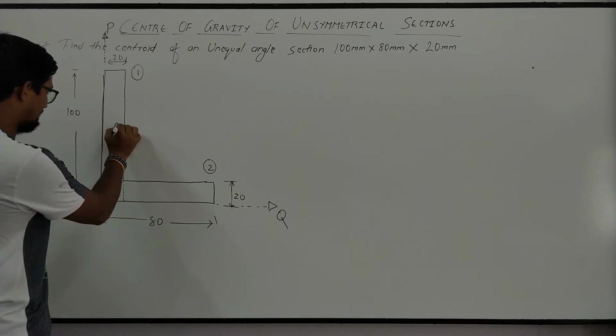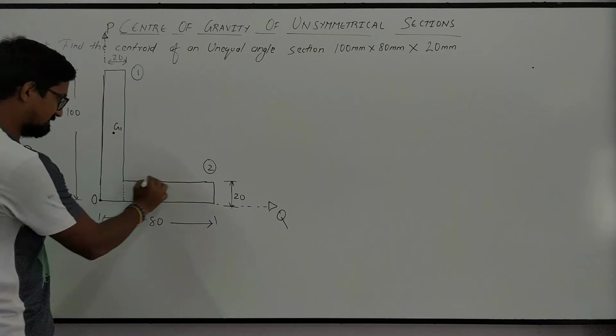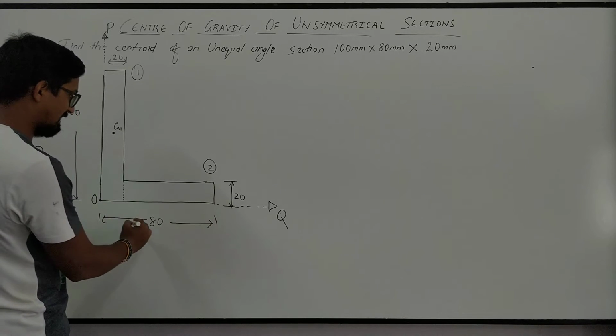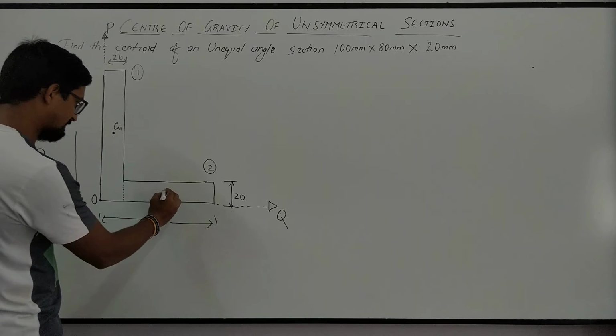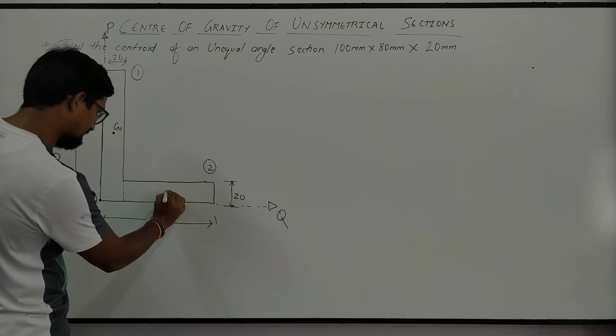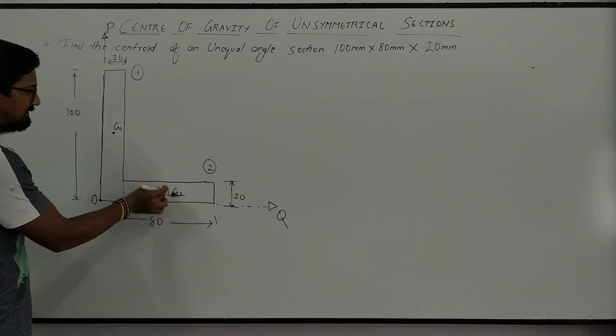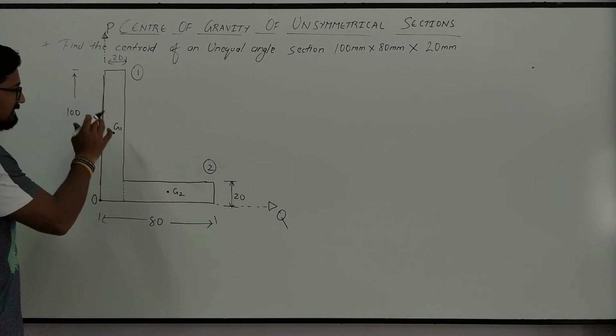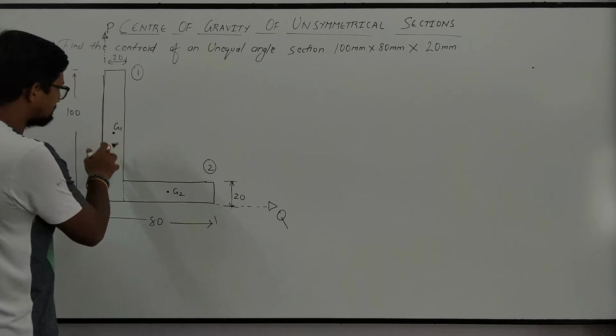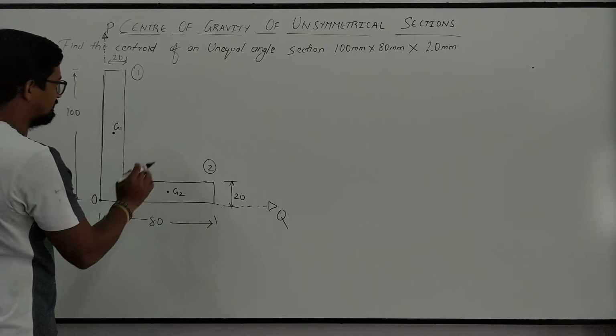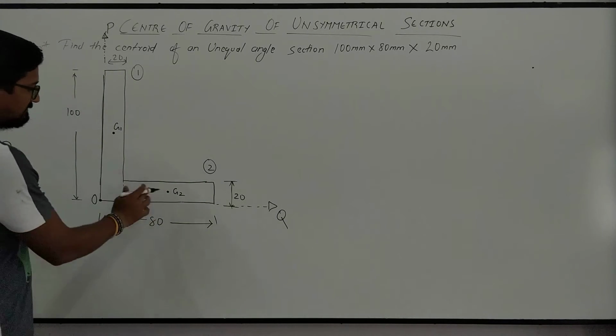I will call it G1, and this is the second section or the second rectangle. I will call this section 2, and the CG will be located at the center of this, correct? G1 and G2 are the respective CGs of section 1 and section 2.